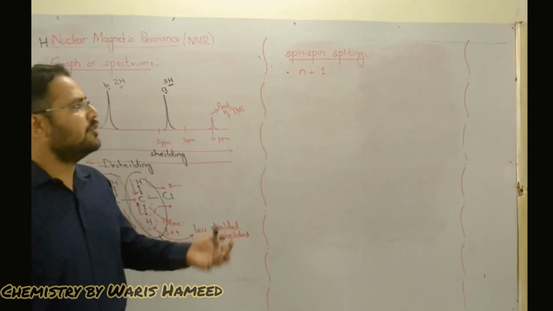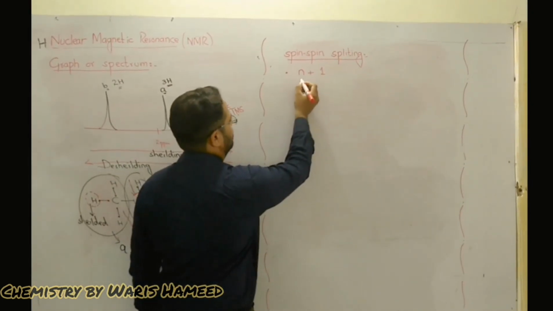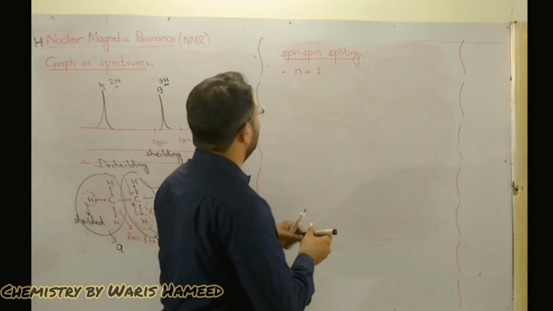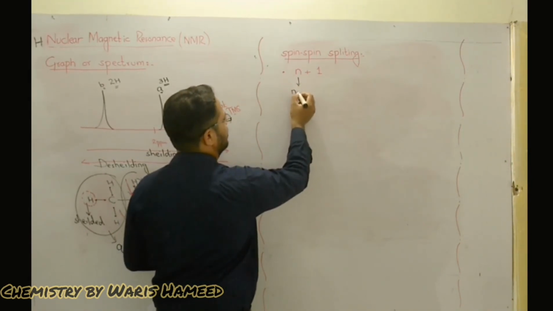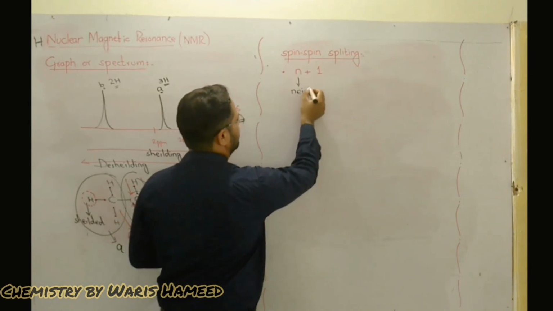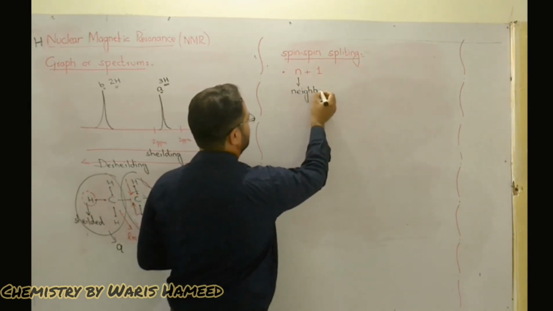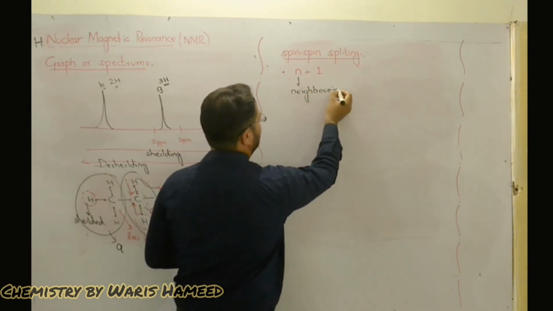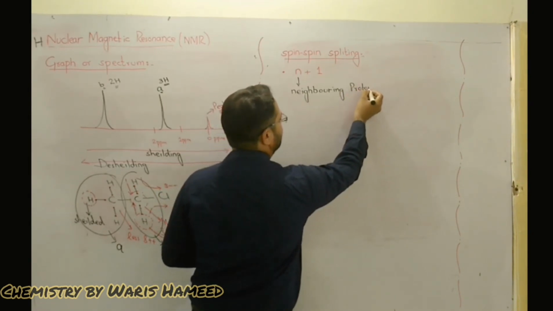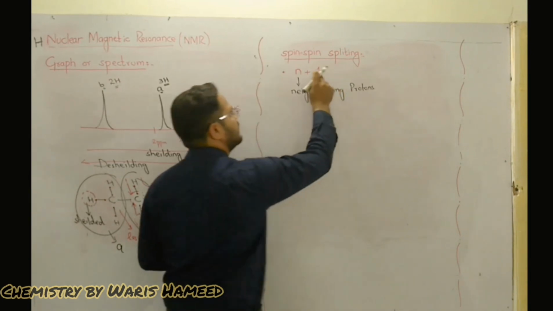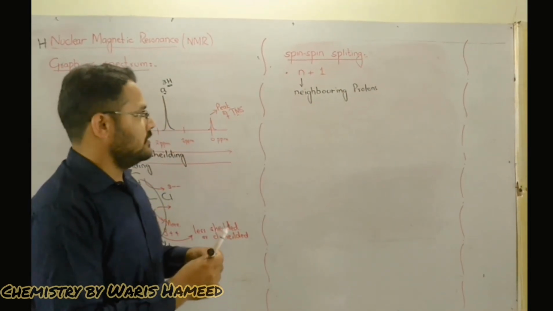This n is the number of neighboring protons, and the 1 is the proton itself.